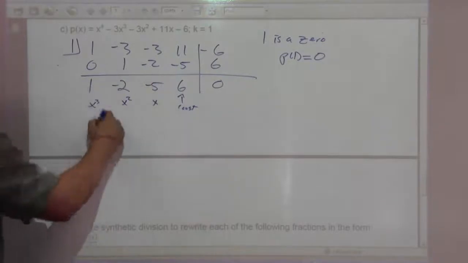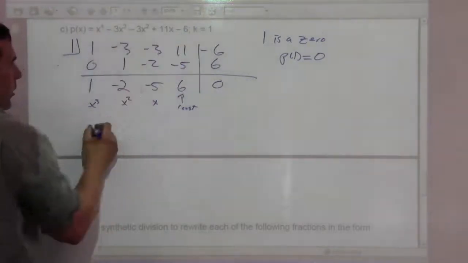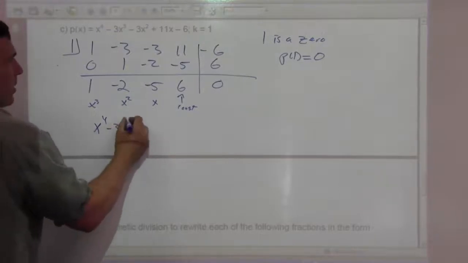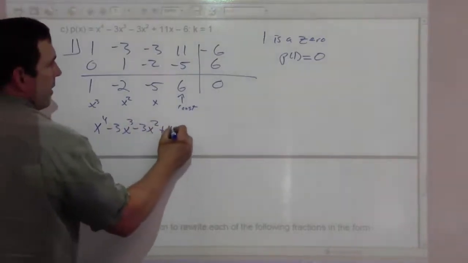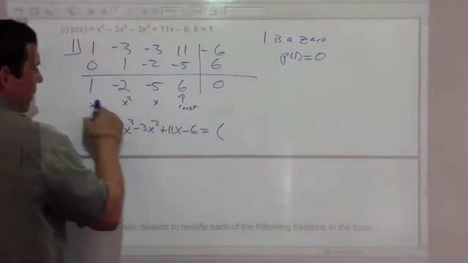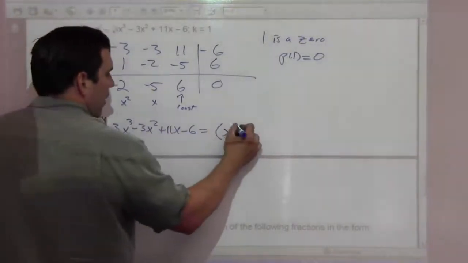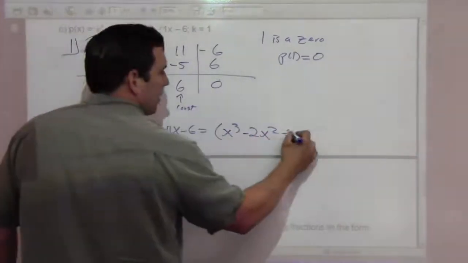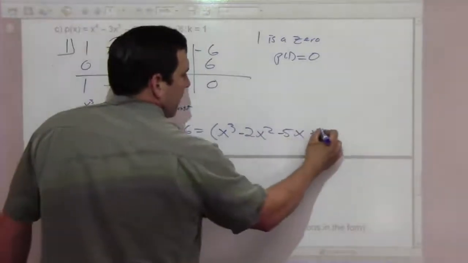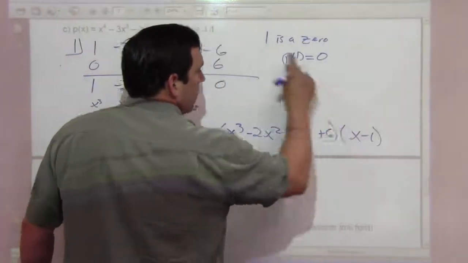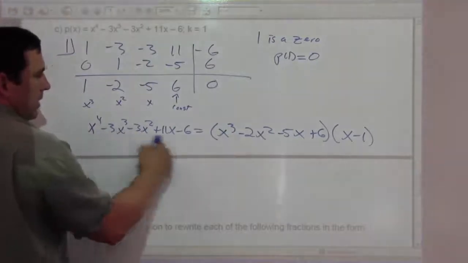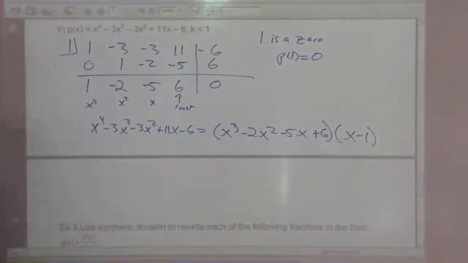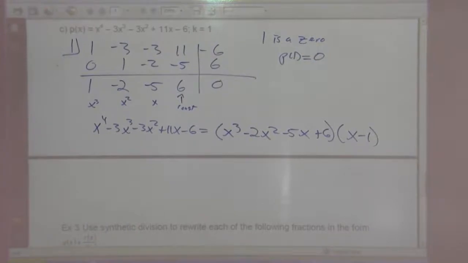So what you would really have is that the original polynomial, x to the fourth minus 3x cubed minus 3x squared plus 11x minus 6, factors to be 1 times x cubed minus 2 times x squared minus 5x plus 6 times x minus 1, because 1 is a 0. So this factors to be that product. Just a side note, we didn't have to do that for the problem, I just want to share the information. Okay, I'm going to go on to example 3.